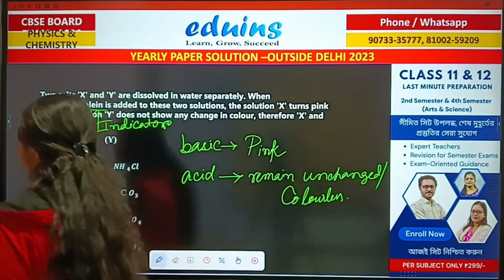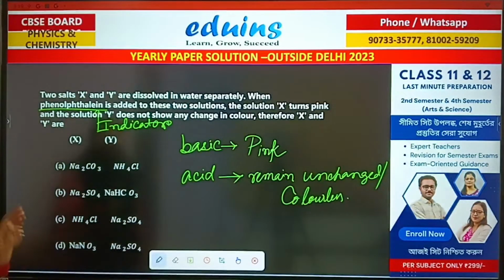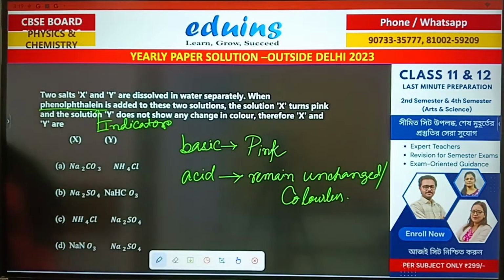So now X is basic in nature. So the X ingredient is the basic part. So what will be the basic part here?